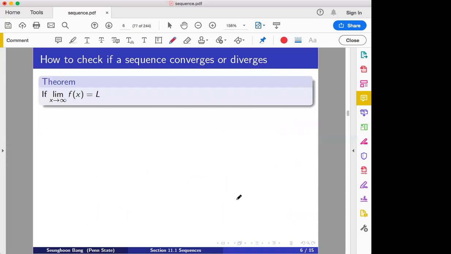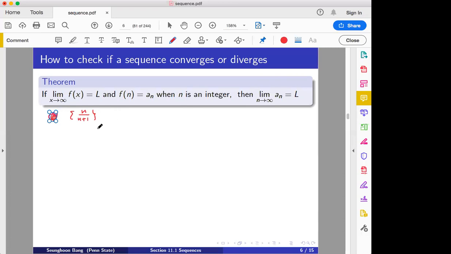Theorem: if the limit of f of x equals L and f of n equals an, where n is an integer, then the limit of an is also L. So we have one good example: the sequence n over n plus 1.